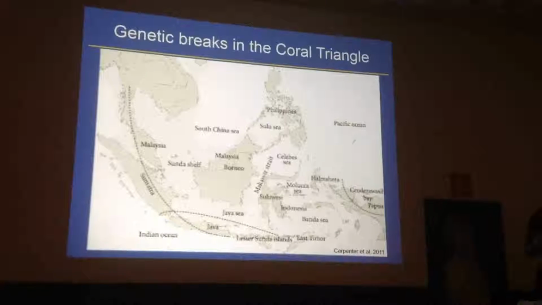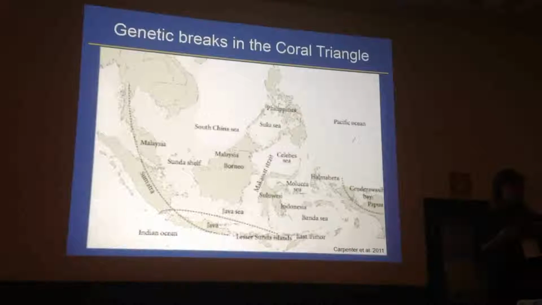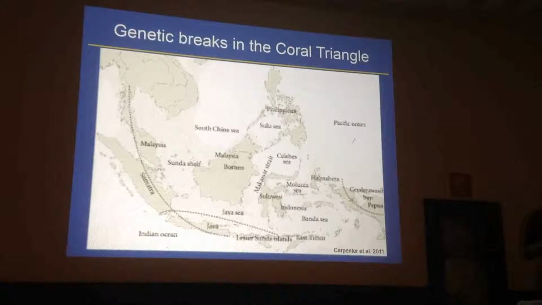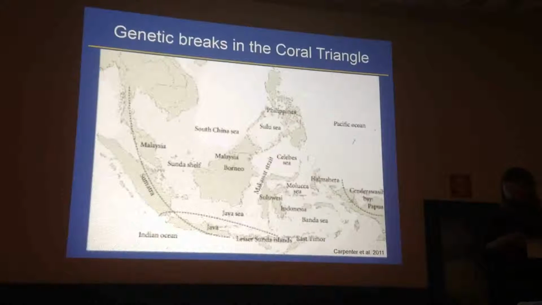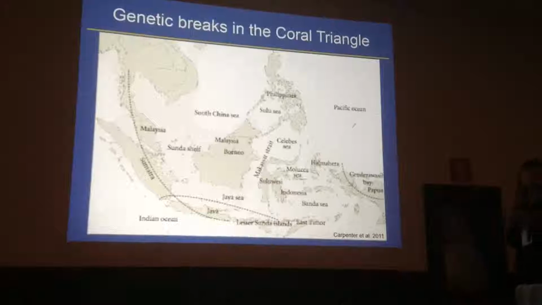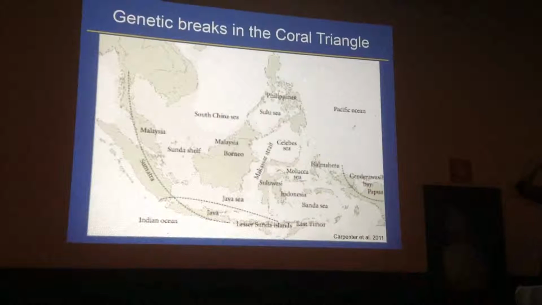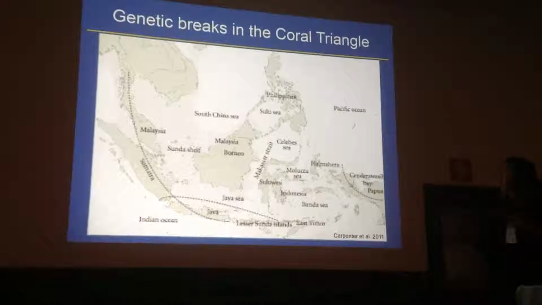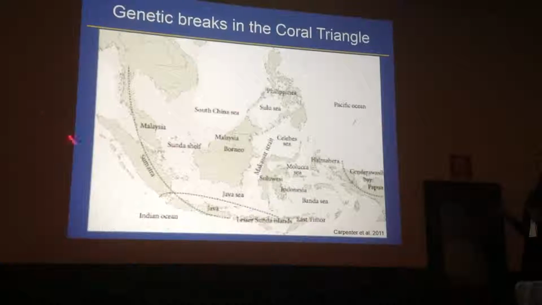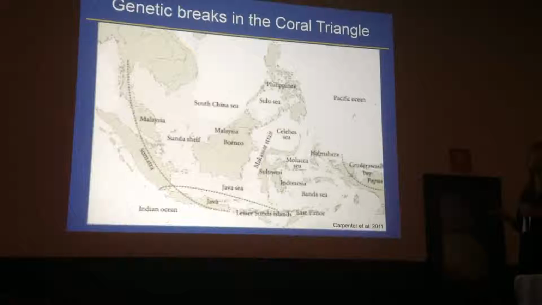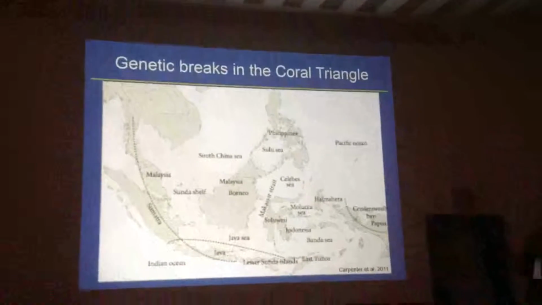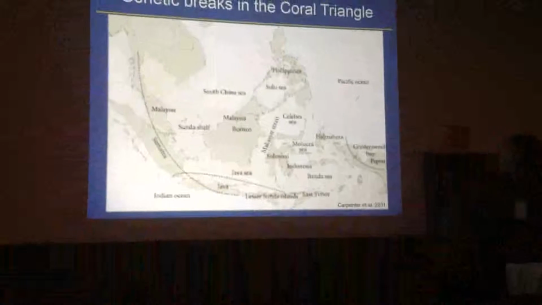And there have been a lot of theories regarding the processes driving such high diversity in this region. And what people have found is there are a few common genetic breaks that arise for most of the studies examining this region. And one such region is the Sunda Shelf. So this area was repeatedly exposed during the Pleistocene glaciation cycles, creating a land barrier to prevent gene flow between the Pacific and the Indian Oceans.